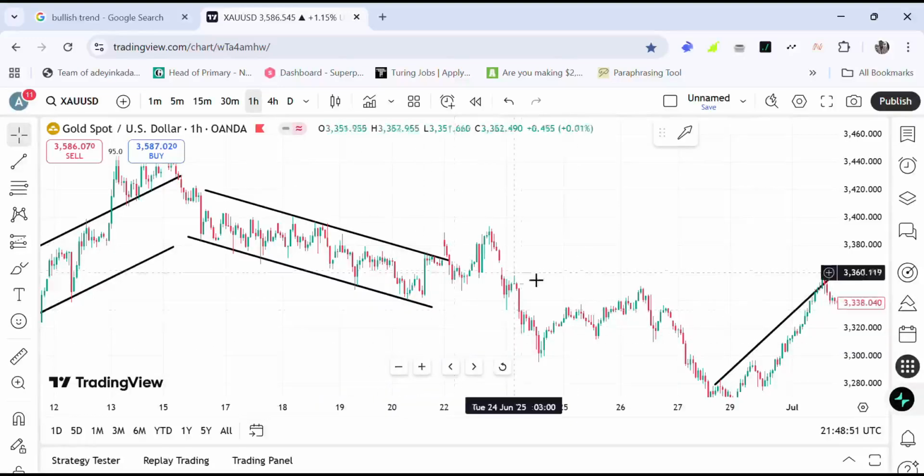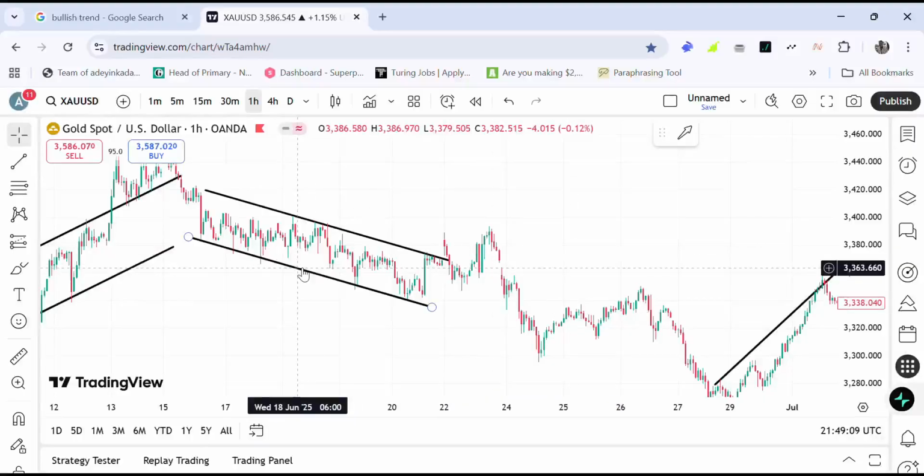So being an SMC trader, you want to understand where you want to place your trade and all that, right?